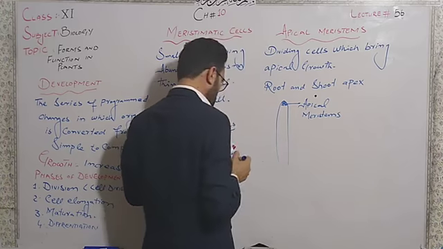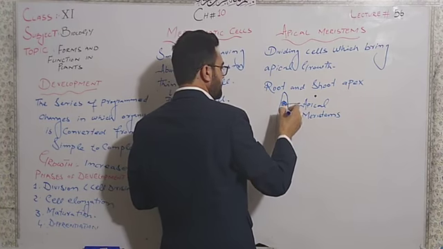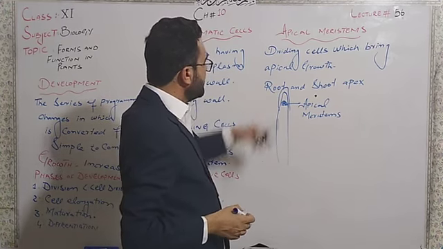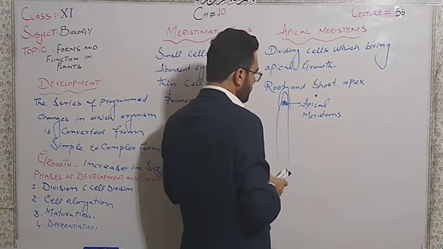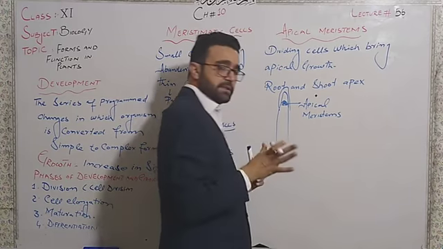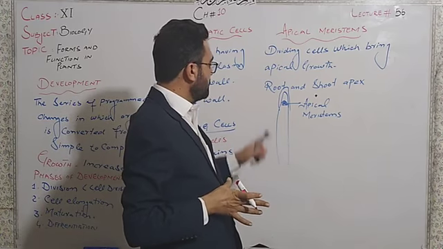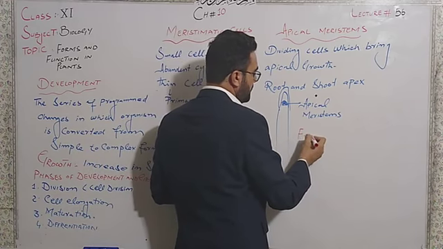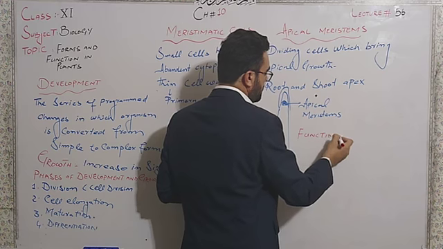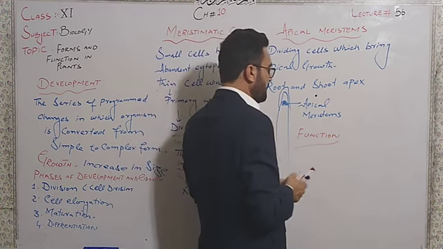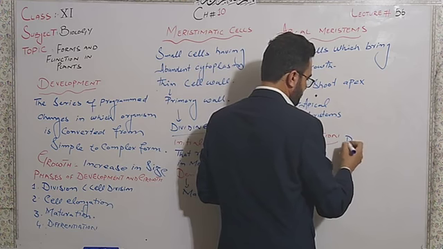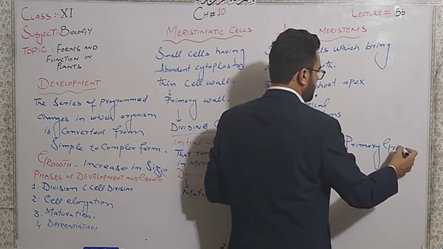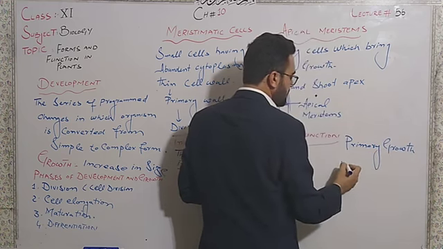They divide and divide, and usually they increase the length of the branches along with the stem, and the root length is also increased. So the basic function of the apical meristem is to bring primary growth. Primary growth means increase in length.